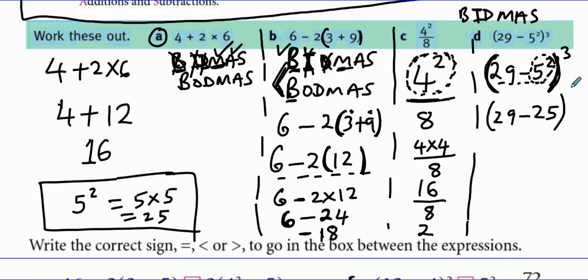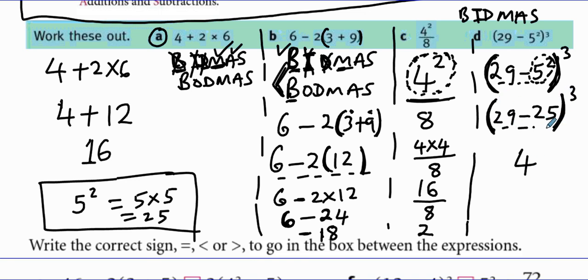Close bracket. Now we are still inside the brackets where we have worked out the power using BIDMAS. B for brackets, I for powers. Now inside the brackets, you can see that we have subtraction. 29 minus 25, this equals 4. So inside the brackets, we are done.